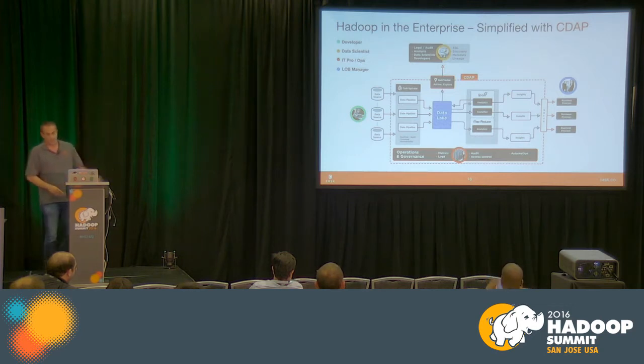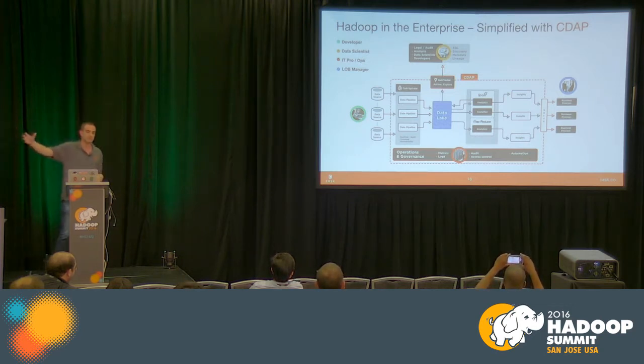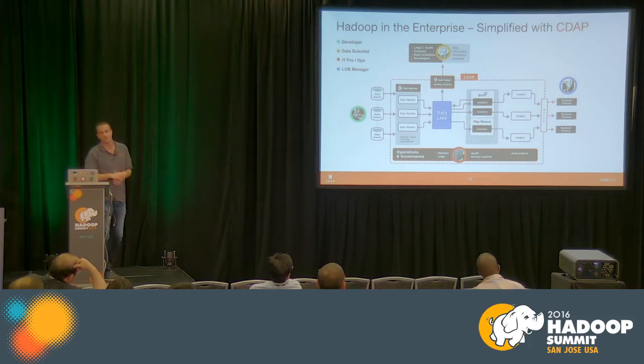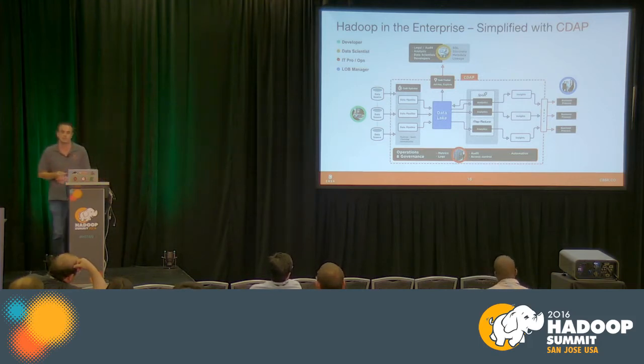So you're starting with developers, you're ending with line of business, and you're enabling access to the scientists and analysts that need access to the data, and you're providing a much more cohesive, conceptual framework for the operations and governance teams.